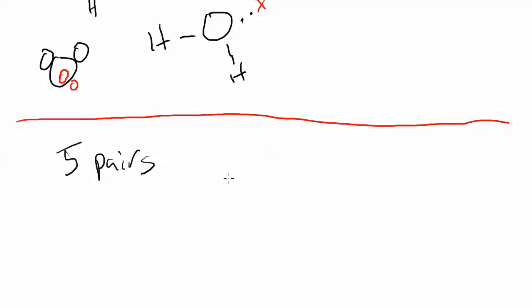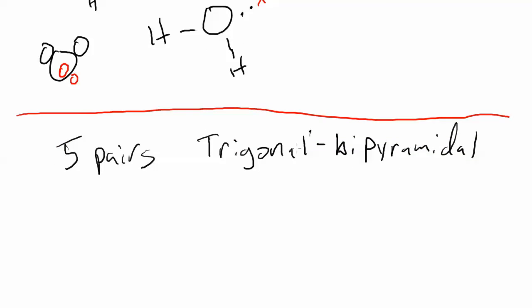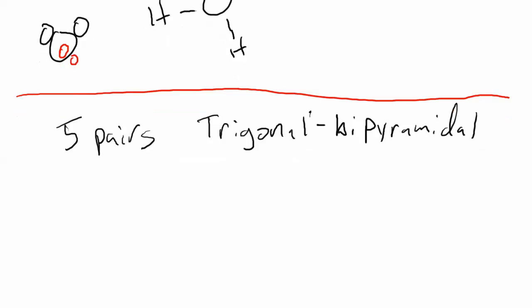And the name of this shape, I'll tell you the name before I attempt to draw it, is called trigonal bipyramidal. Bi meaning 2. And again, oftentimes chemists will drop the trigonal and just call it bipyramidal.